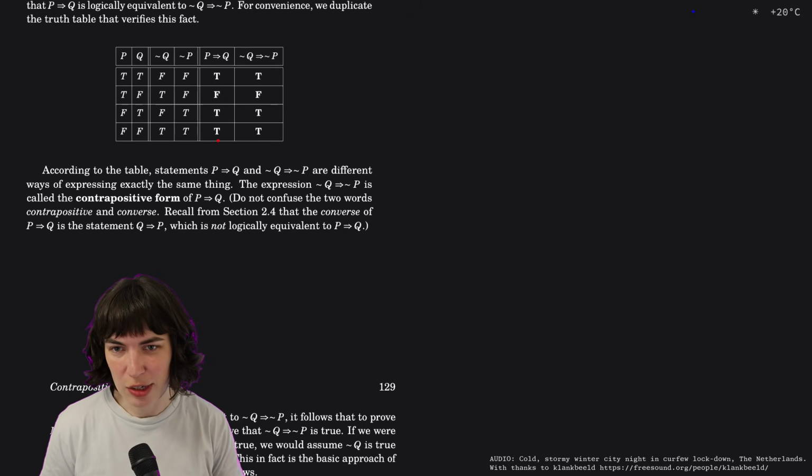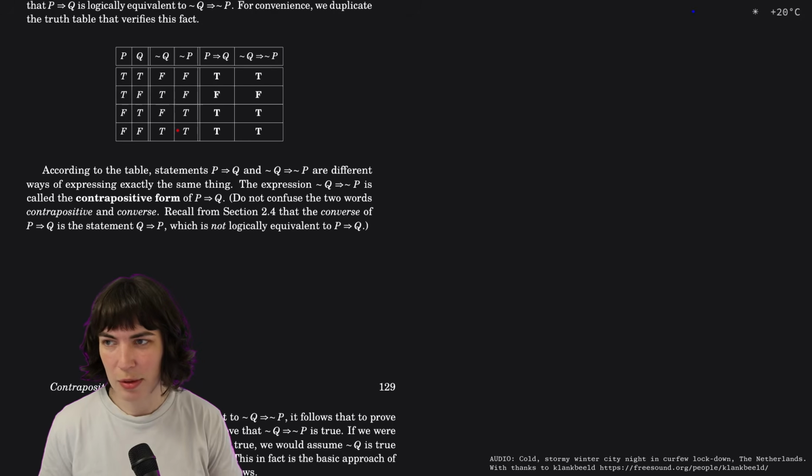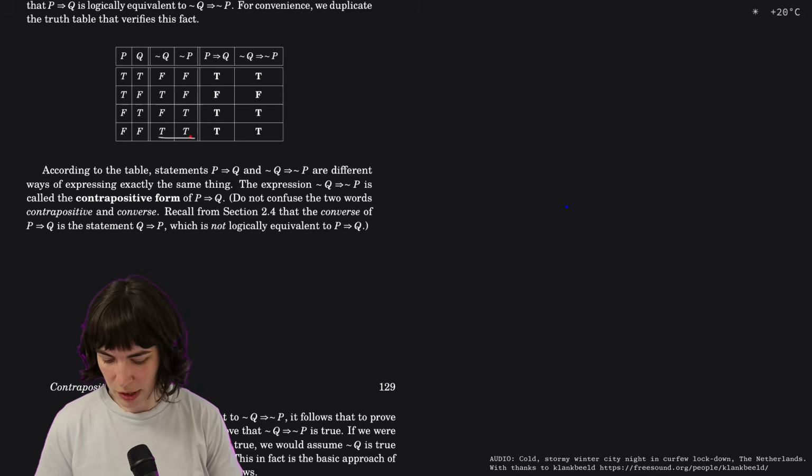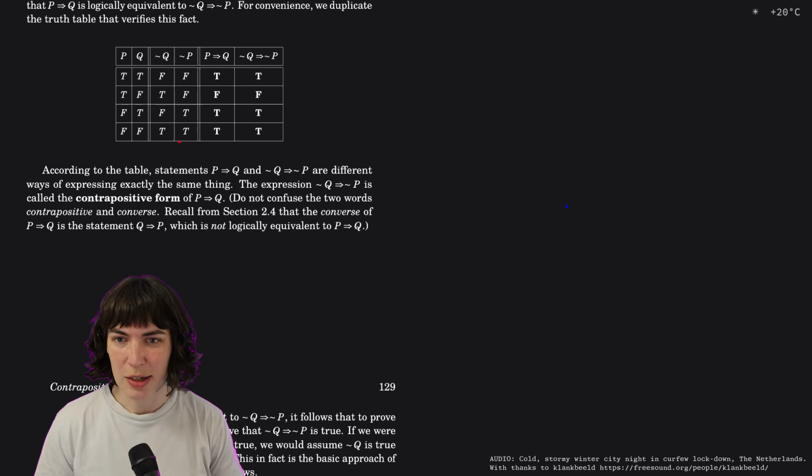I do find this a little counterintuitive. I mean, it makes sense. We've got this reverse pattern here. I guess it makes sense because it's the complement, so we get true, false, false against these, and then true, false, false against those.